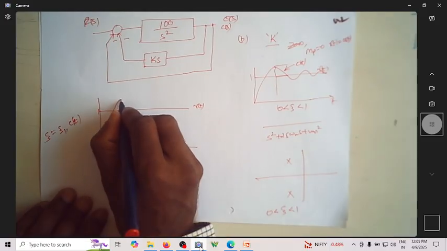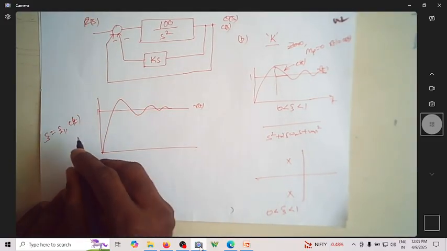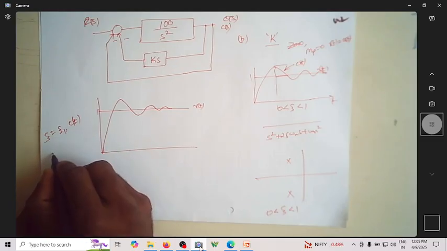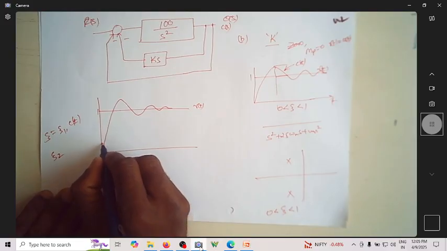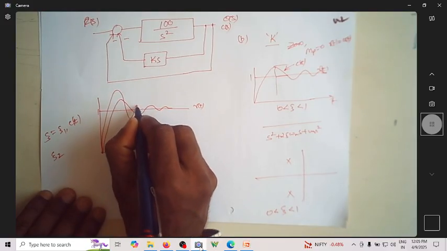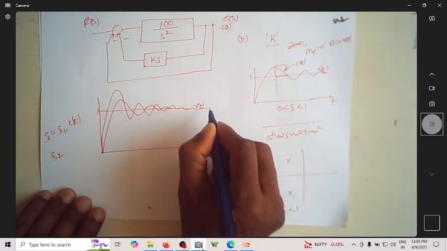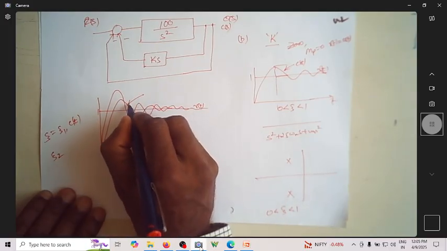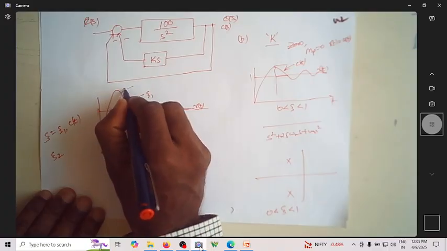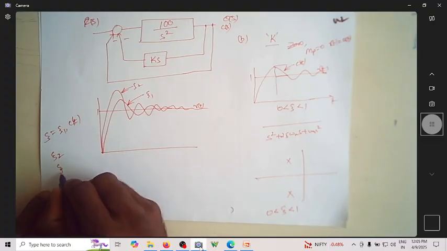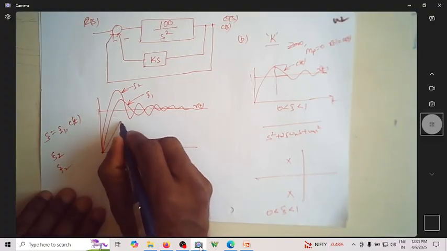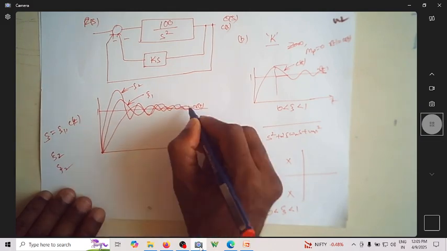Let us take another value, zeta 2, with a response like this, and another value, zeta 3, something like this.